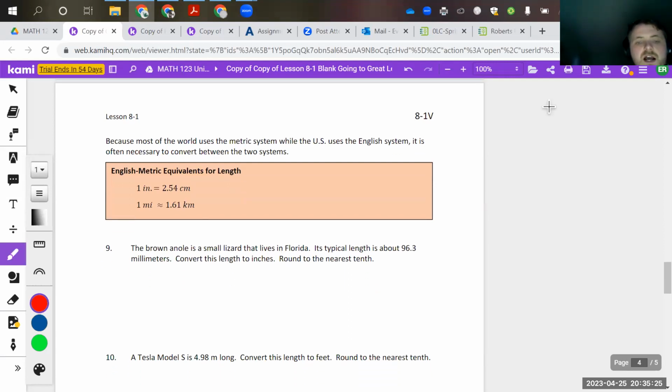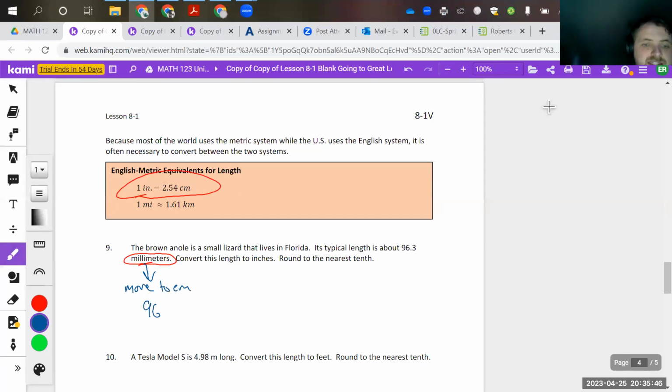So this little lizard lives in Florida, and it's 96.3 millimeters. Now it says convert the length to inches. So notice inches and centimeters go together. So I'm going to go ahead and move it to centimeters first.